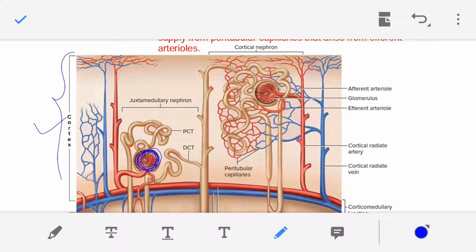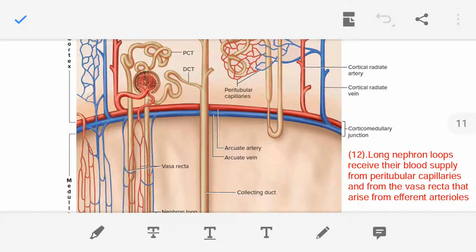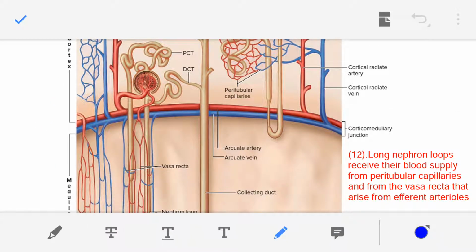So in this entire cortex, the renal corpuscle of the juxtamedullary nephron lies deep inside, and this renal corpuscle is present close to the medulla. Okay, so this is the medullary region, and this renal corpuscle is close to the medulla.